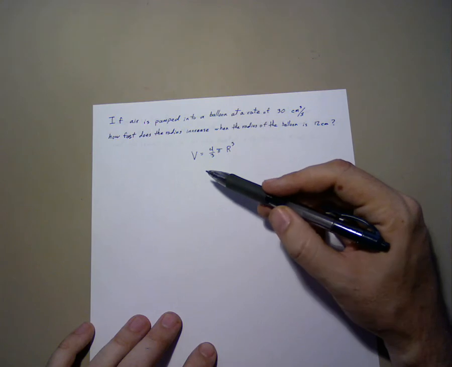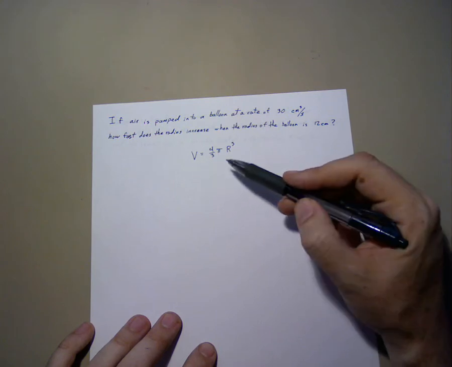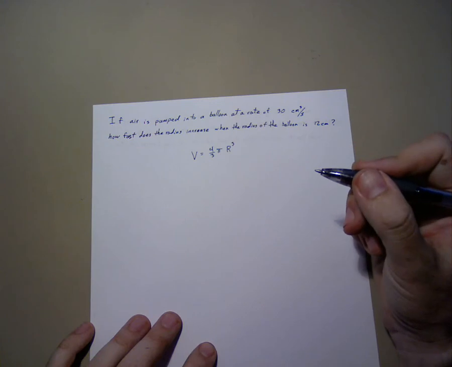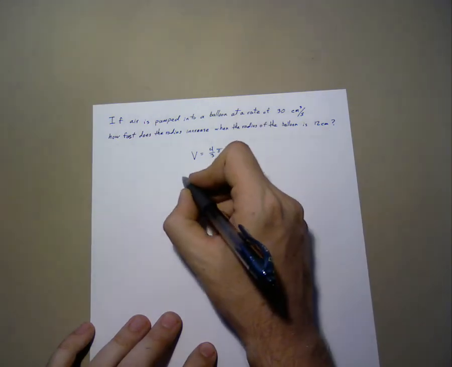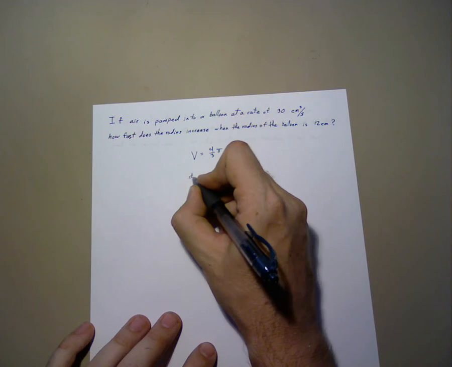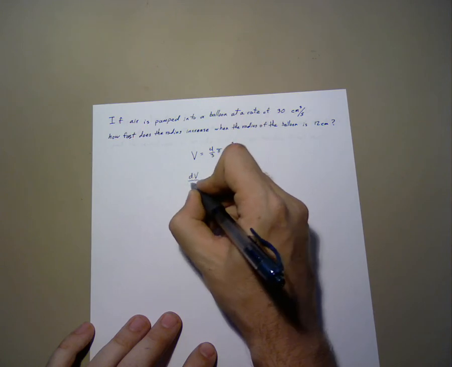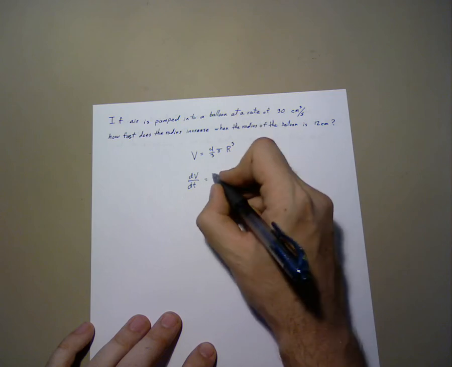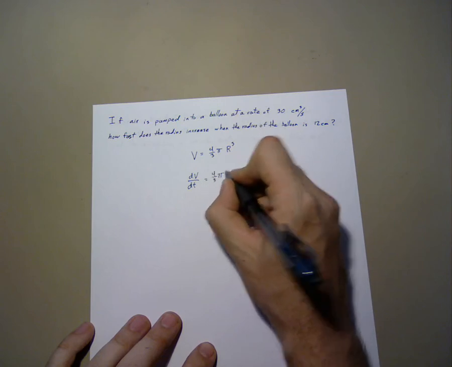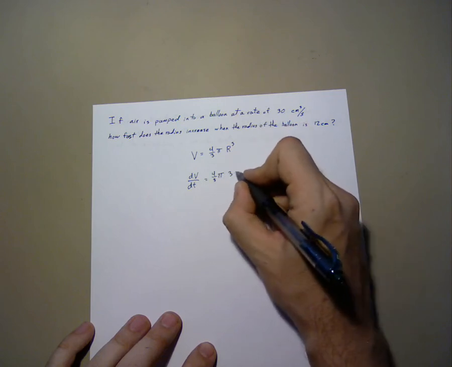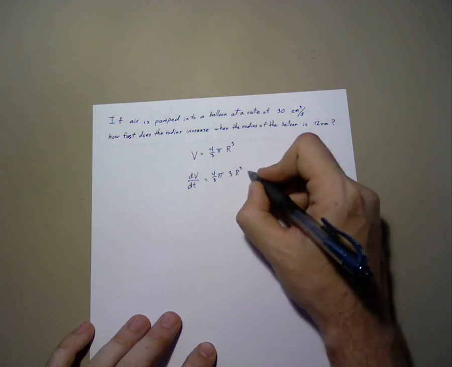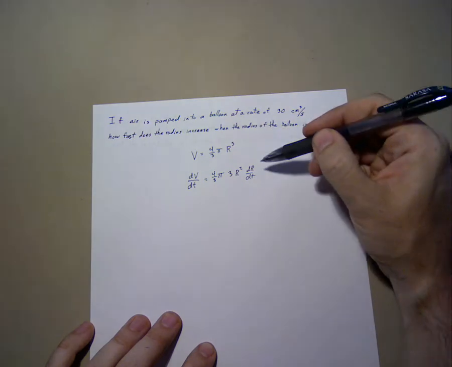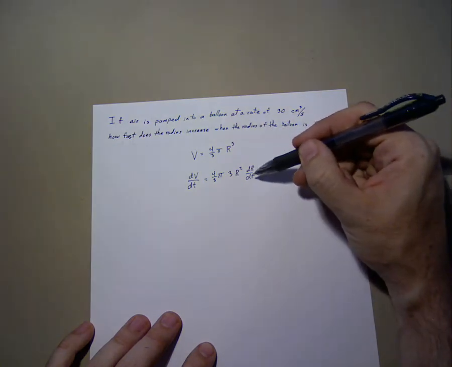In order to get the rates that we need, we're going to take the time derivative of both sides. So we get dV/dt equals 4/3 pi 3 r squared dr/dt. Do not leave the dr/dt off.